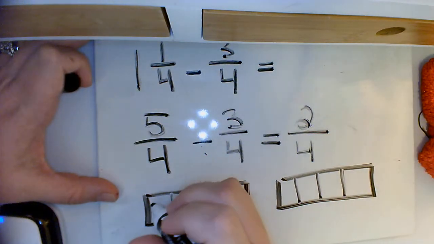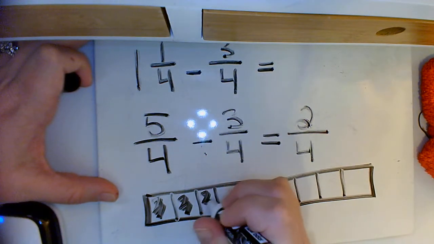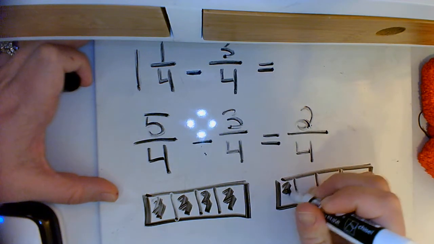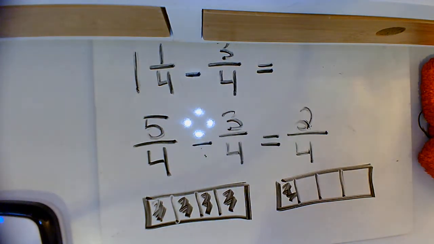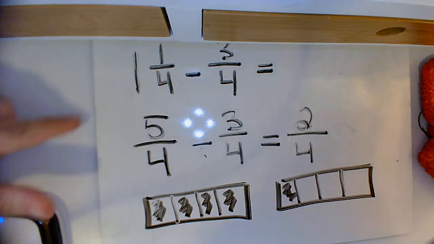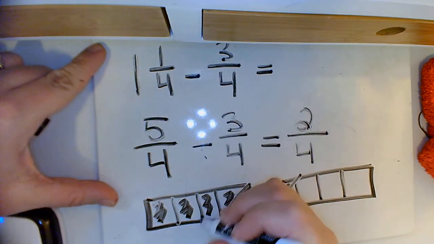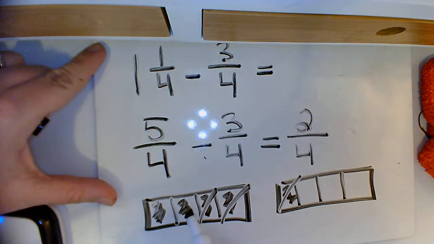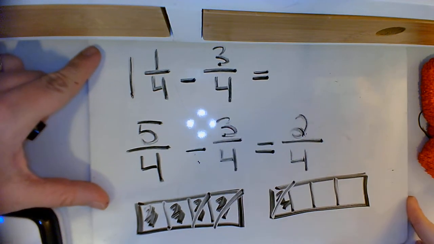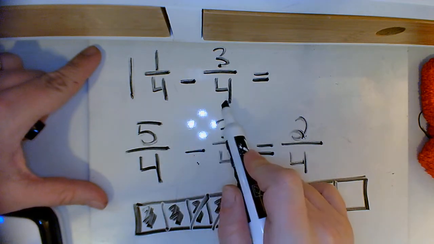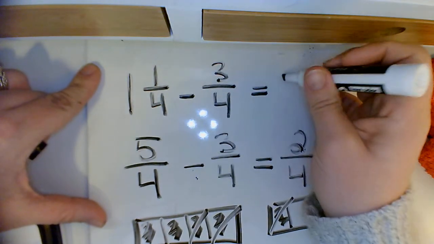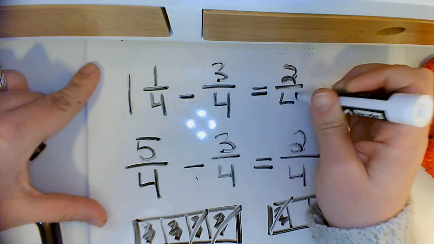I've got 1 whole plus 1/4. And how many were we taking away? We're taking away 3. So we could go 1, 2, 3. And that left us with 2 of the fourths. Okay, 1 and 1/4 minus 3/4 gives us 2/4.